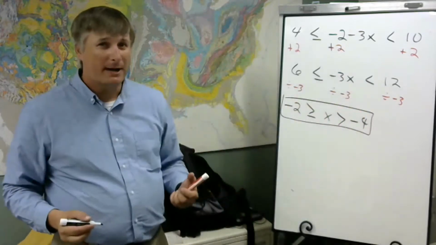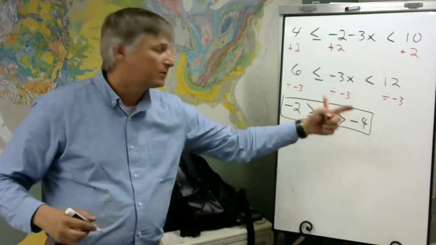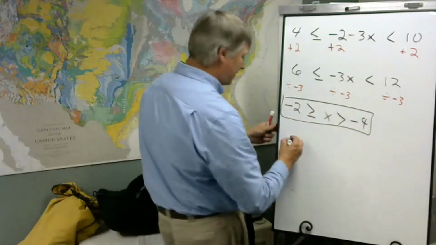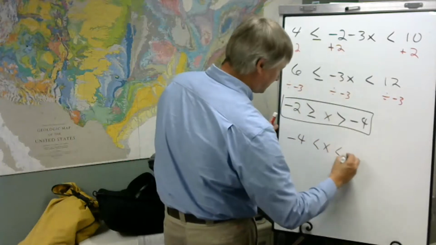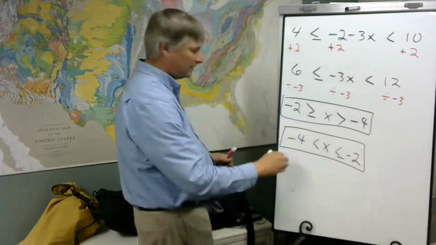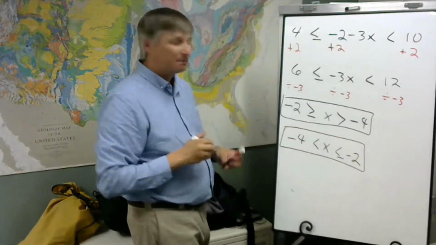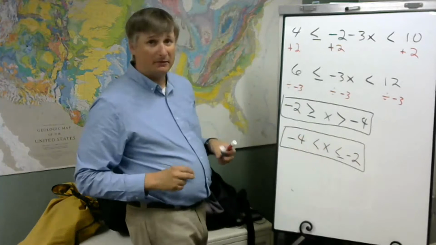Now, typically we write this where the larger number is on the right and the smaller is on the left. So we'll typically rewrite this like so. Smaller, larger. So larger is on the right, smaller is on the left.